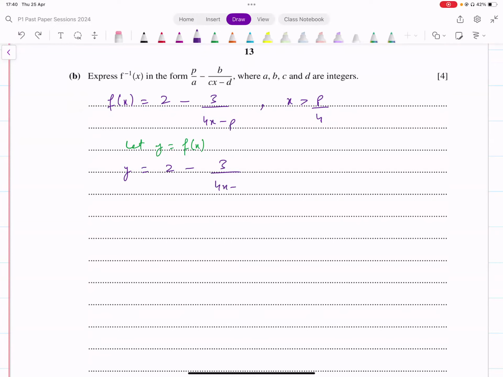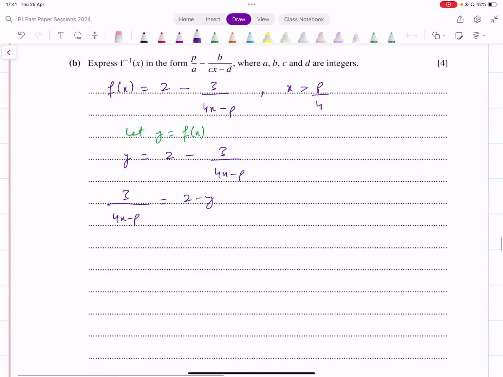And now we need to make x the subject. What we can do is, first of all, take this term to the left side, bring y to the right. What does that give us? That gives us 3 over 4x minus p equals 2 minus y. Now I could just multiply 4x minus p on the other side, since I want to make x the subject, and I could bring 2 minus y to the left. Let's see what that gives us. 3 over 2 minus y equals 4x minus p.